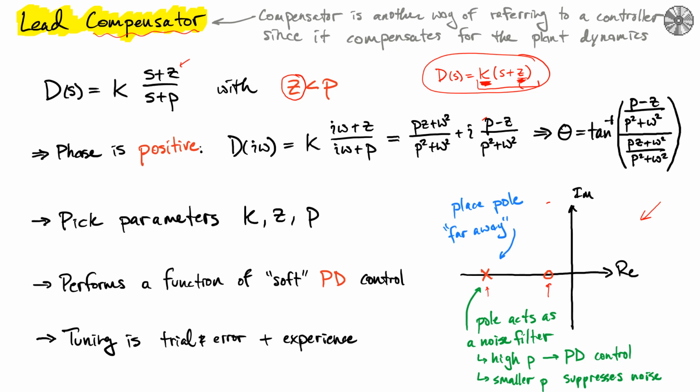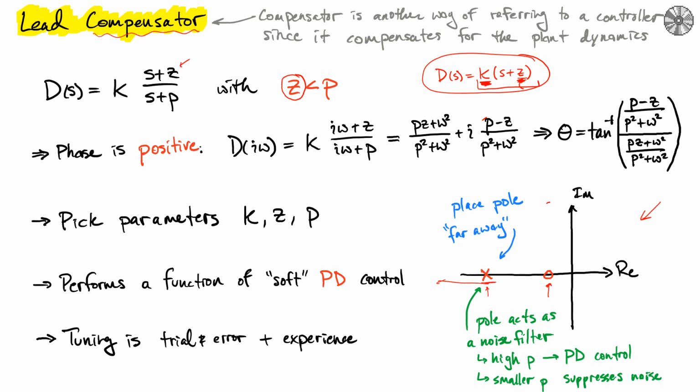So this is most similar to a derivative controller, and we'll see on the next slide that if we take this pole very, very far out on the real axis, very close to minus infinity, then this effectively works as a PD controller. Depending on where you place this pole, you can make it closer to PD control or closer to something that exhibits what this lead compensator brings to the table.